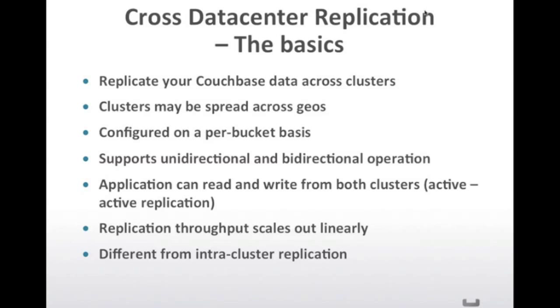What is a bucket? A bucket is basically a logical partition of data within a Couchbase cluster. If you're familiar with relational databases, it's maybe roughly thought of like a database within a server. You could have multiple databases. So roughly you could think of it that way.